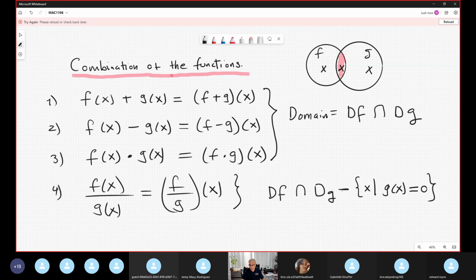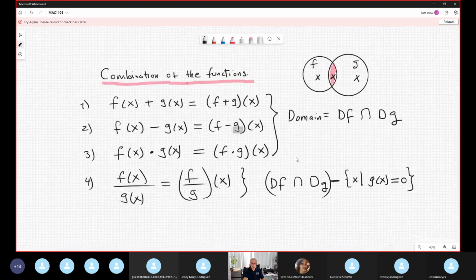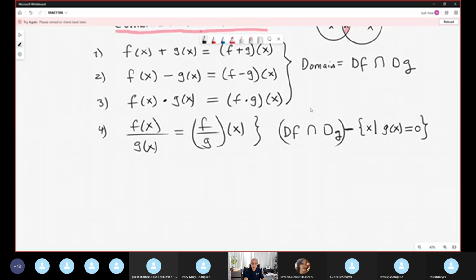You exclude, this is minus subtracting what? Subtracting the set. And this is the element in which g is 0, you know division by 0 is undefined, so you need to exclude it from the domain. So you compute this part first, and after you introduce the restriction, very, very similar to the thing we are doing in only one function, no? When there is one function. The new thing is two functions.